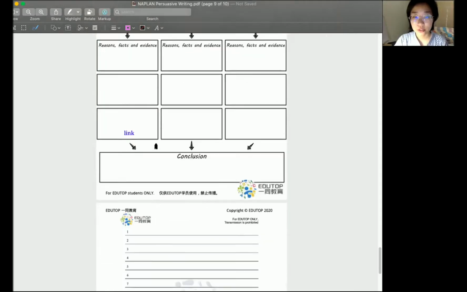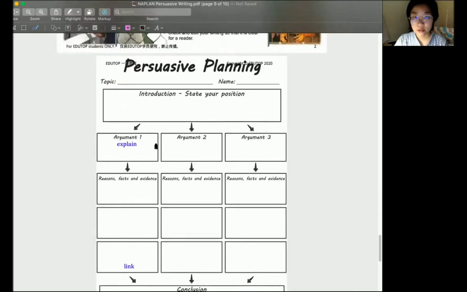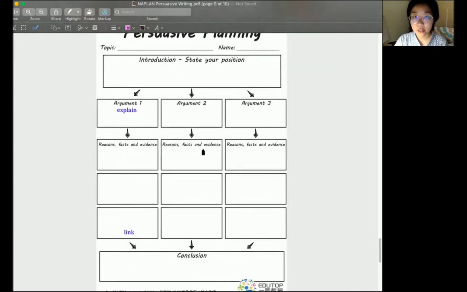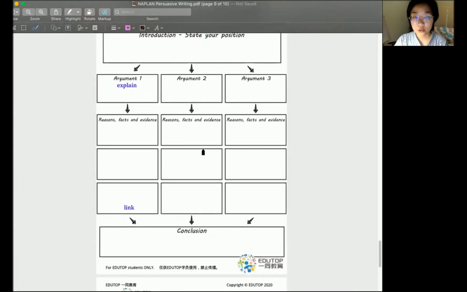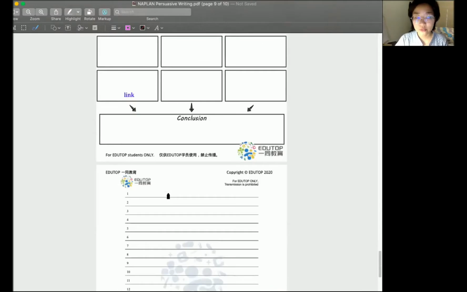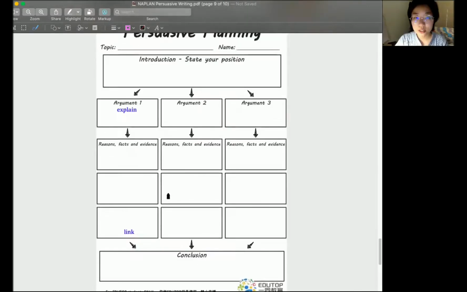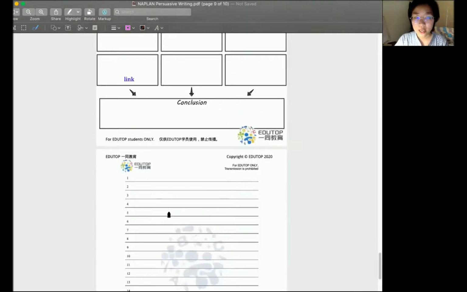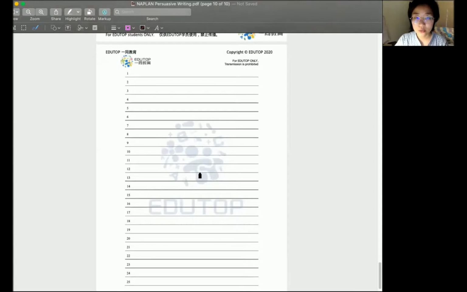It really depends on you. But be aware that year 3 is 150, and year 5 is 250 words each, right? So this is your template for you to plan, and you're going to write your writing over here.